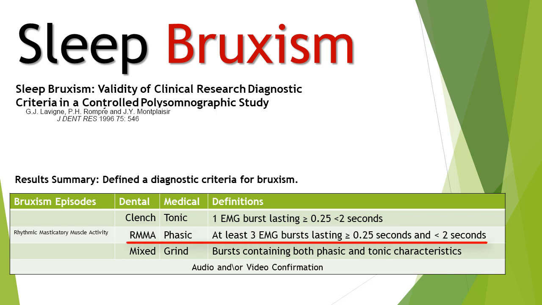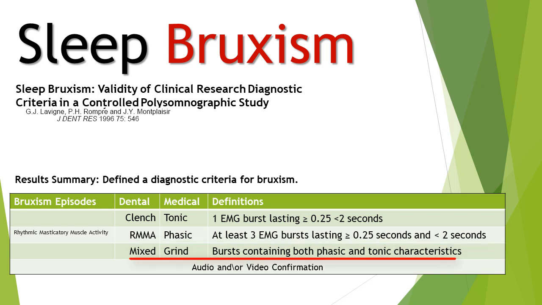There's RMMA, rhythmic masticatory muscle activity, and that consists of at least 3 EMG bursts or more, each lasting a quarter second but also less than 2 seconds. And then there's a grind, which is a combination of both those types of events, and all those would be good to confirm with audio and/or video evidence.